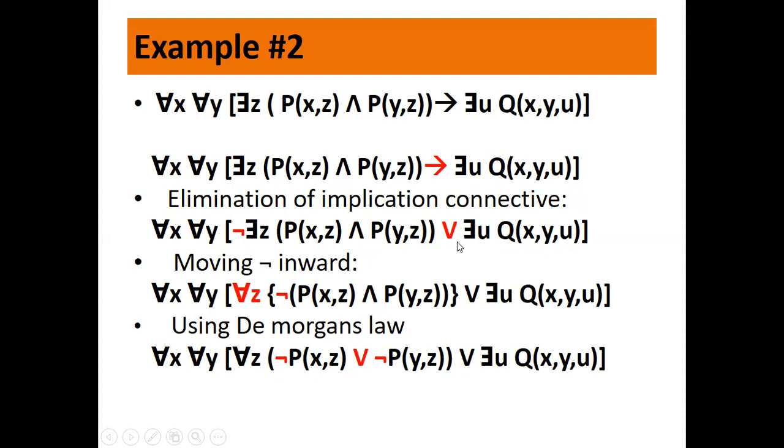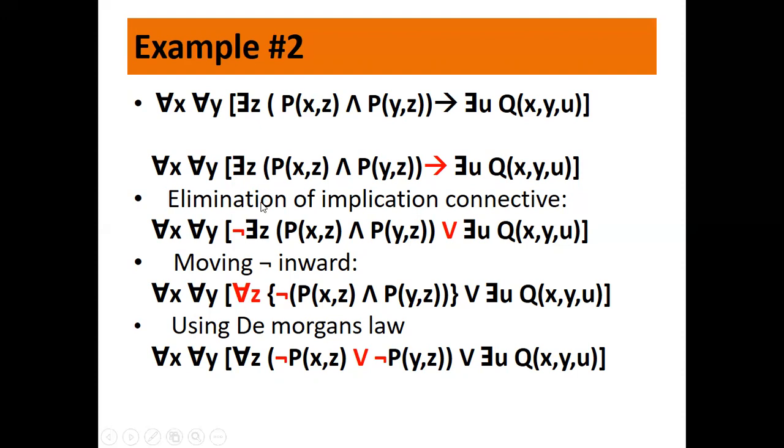Now what is the next step? Next step is moving negation inward. Now negation is associated with a quantifier, and what is our motto? It should be associated with a literal. So whenever negation is associated with there exists z, it gets converted to for all z. And if it is connected to for all z, it gets converted to there exists z.